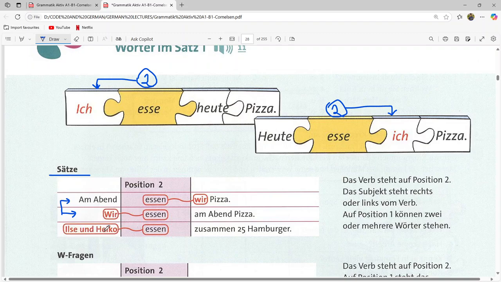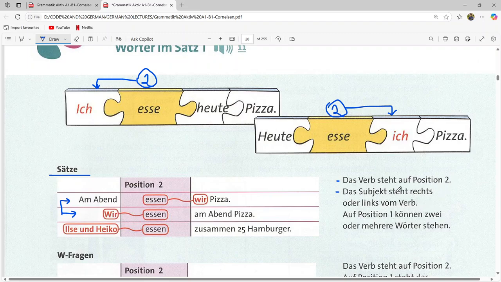Subjects can be more than one. Ilse und Heiko essen zusammen 25 Hamburger. So Ilse and Heiko are eating 25 hamburgers together. What are the conditions? The verb stays at position 2. Das Verb steht auf Position 2.